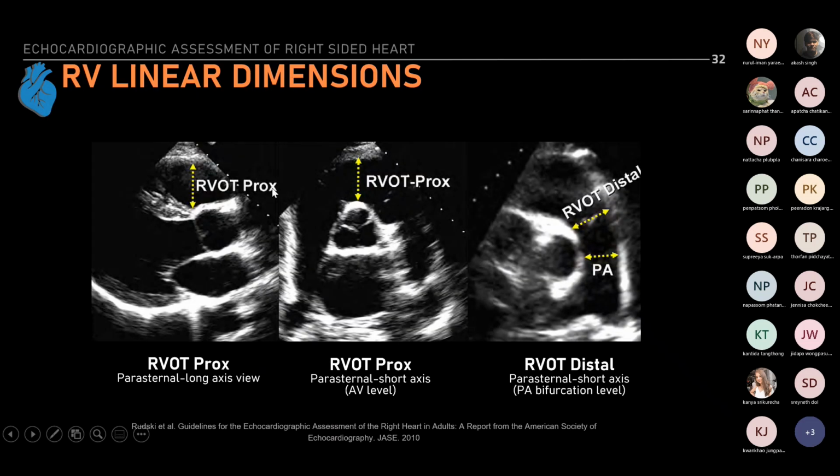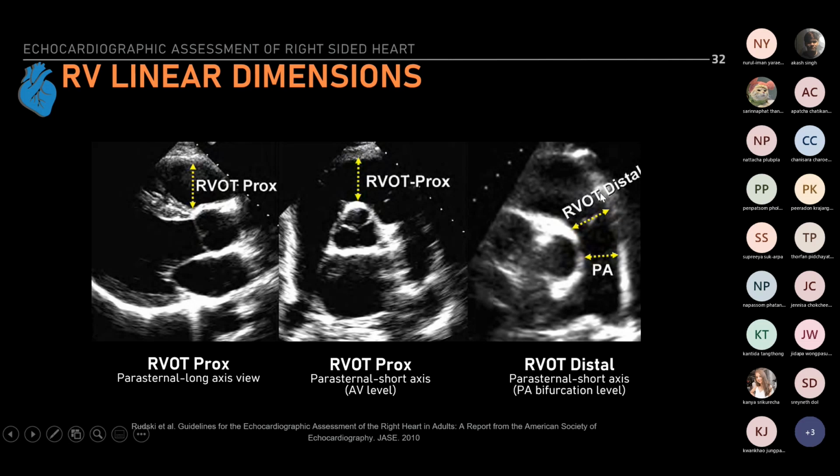RVOT is divided into two parts, proximal and distal. Proximal RVOT at parasternal long axis is measured from the anterior RV wall to the junction of the septum and aorta. And proximal RVOT at parasternal short axis is measured from the anterior RV wall to the anterior wall of the aortic valve.